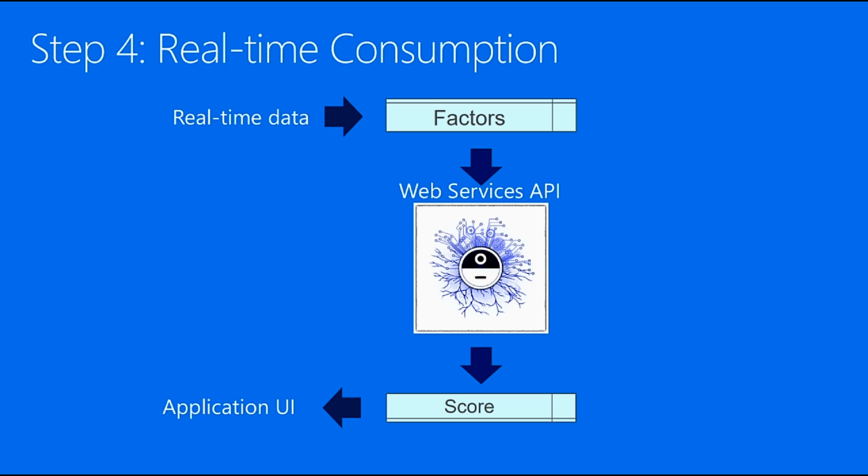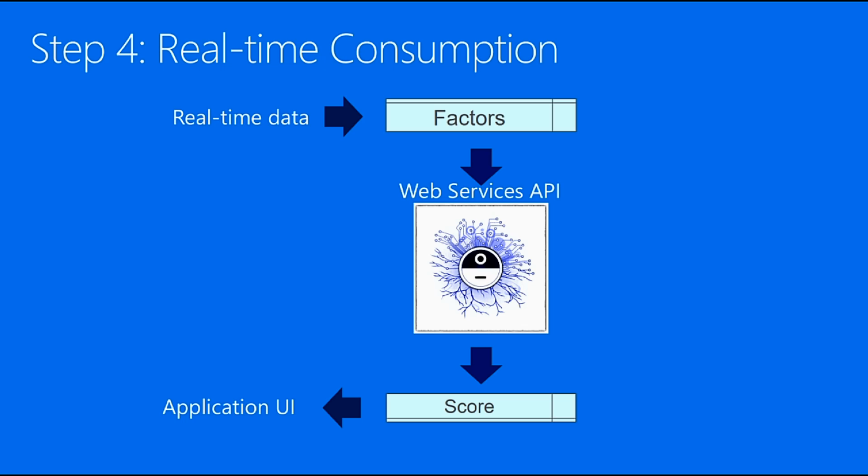This is where the rubber really hits the road. We've got our real-time data. That becomes our factors. These are our things that are known at the time of the event. We'll plug those into the scoring rules. A modern architecture for doing that, of course, is to do that through a web services API. Either have a local scoring server running in your local environment, or even do that through the cloud, as we saw in a couple of the examples I gave earlier on.